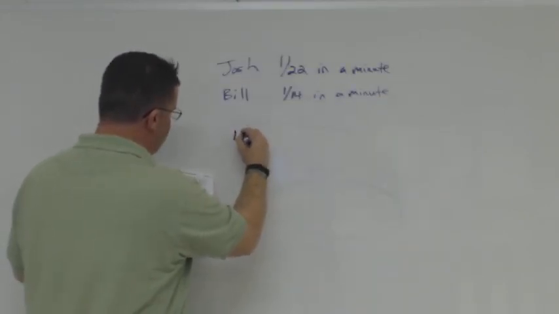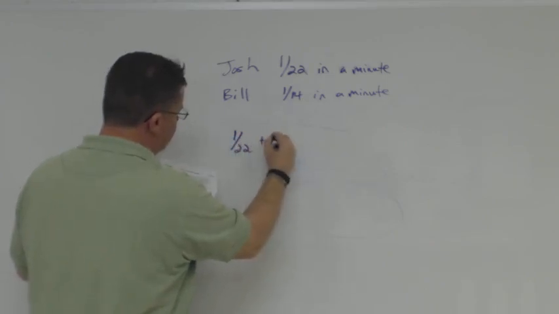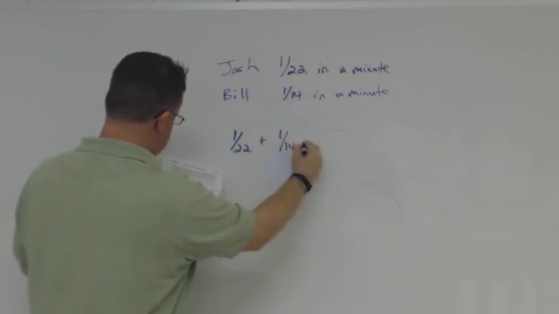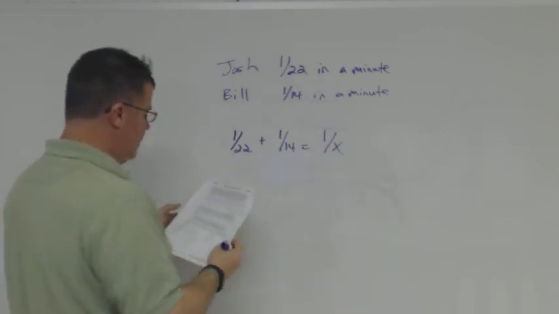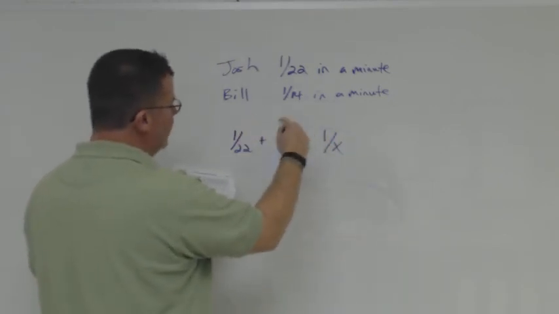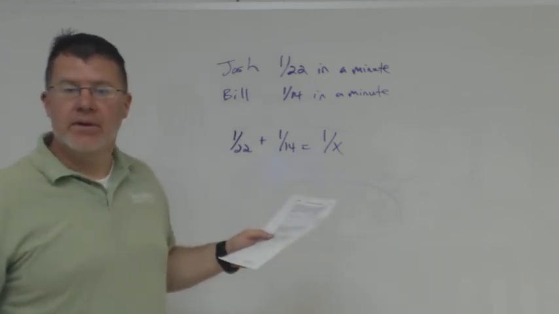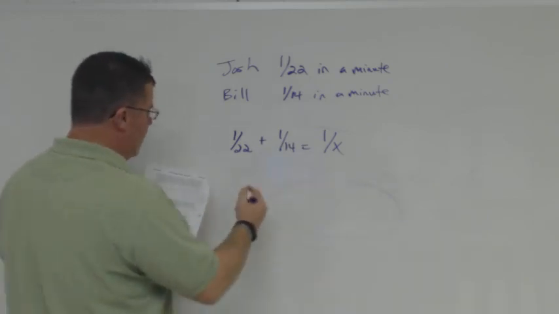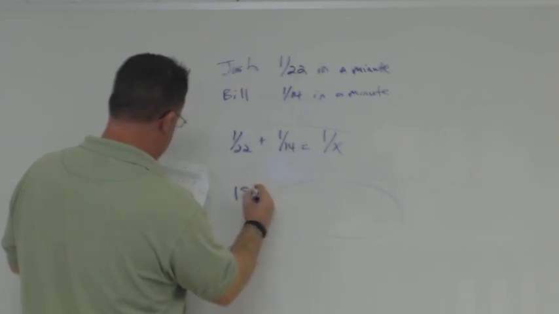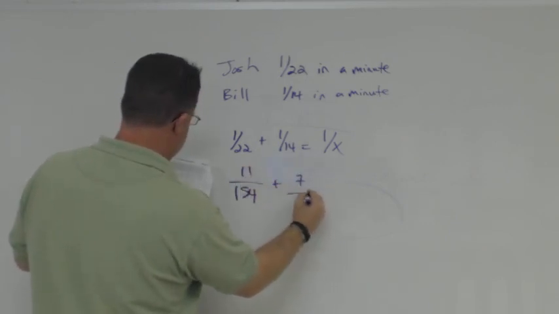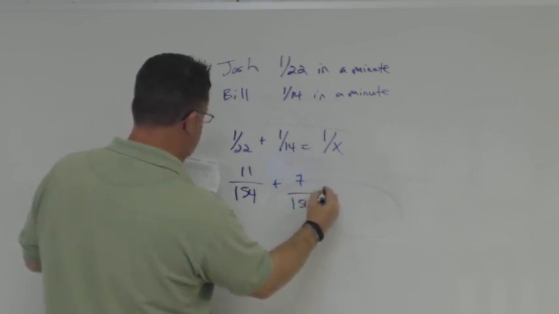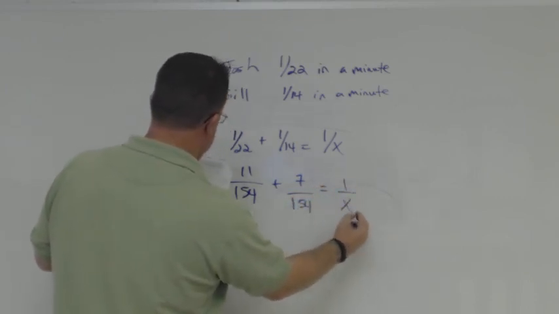And so if we're going to combine the two, 1/22 plus 1/14, I'm trying to find x. So we need to get a common denominator. I came up with 154. So I have 11 over 154, 7 over 154 equals 1 over x.